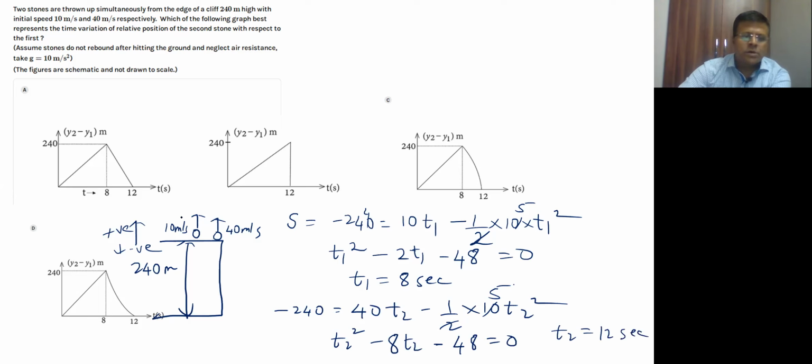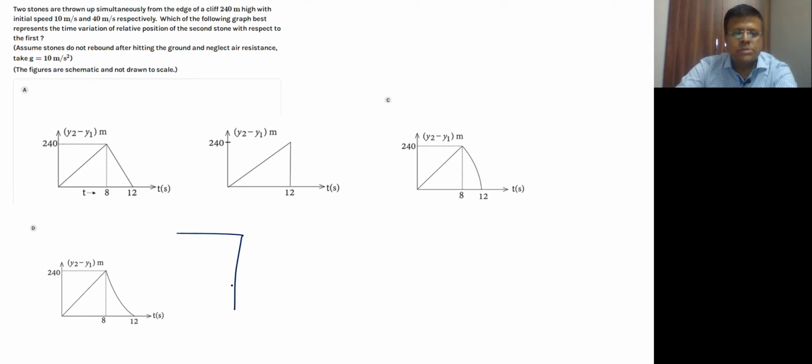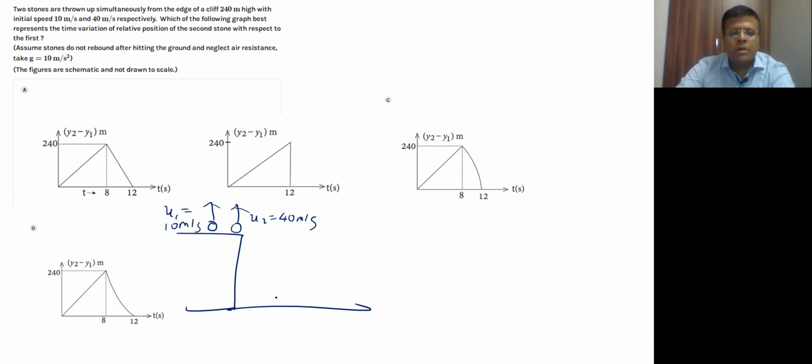So the first ball, that is 10 meter per second, will come down and reach the ground in 8 seconds, and the other ball will take more time. So I don't want these calculations now. So let me rub all this and remember only the values. So the first ball going upward is 10 meter per second, and the second ball is 40 meter per second. And let's say this first ball is reaching here in a time t1 equal to 8 seconds.